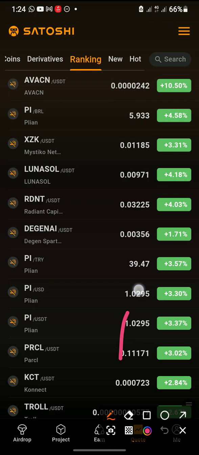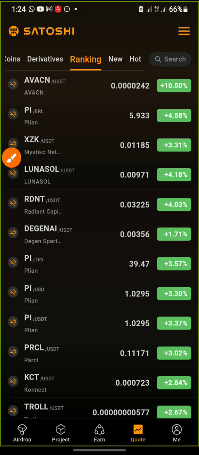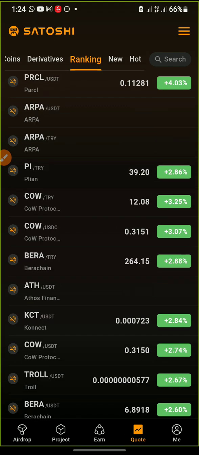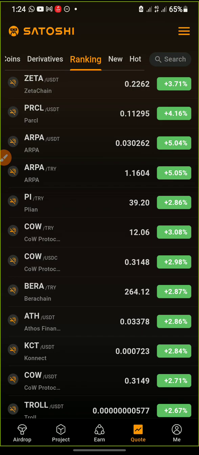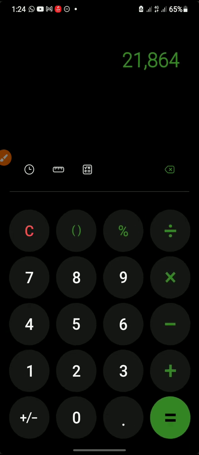Okay, let's look at it this way. Remember, Pi initially was at $2.8. That $2.8 that it reached, or 2.9 that it reached a few weeks ago, let's say for instance you sold at that time, and currently a few hours ago it was at $0.88. Now let's multiply it.